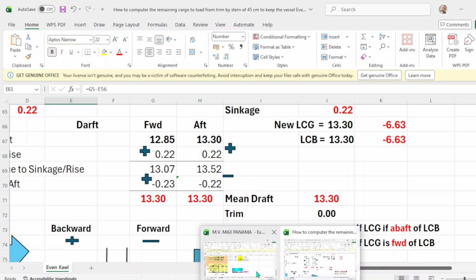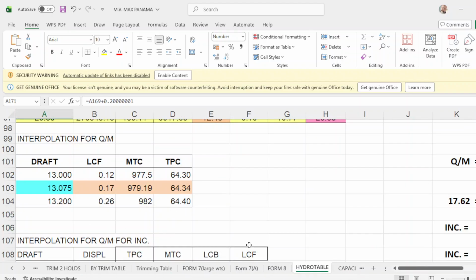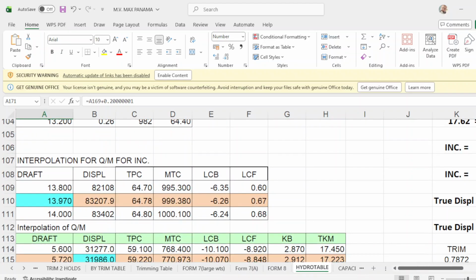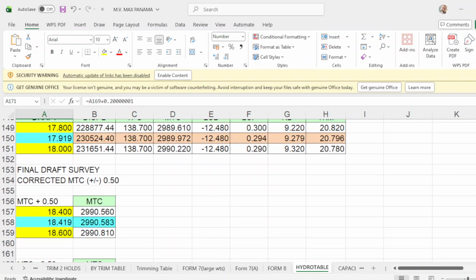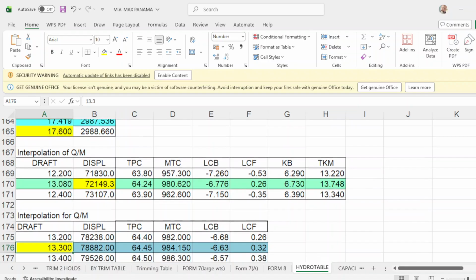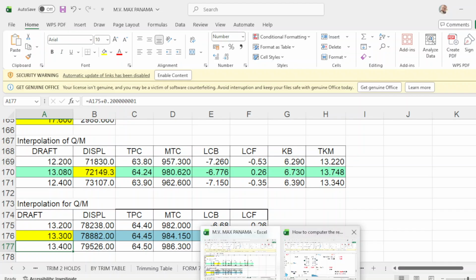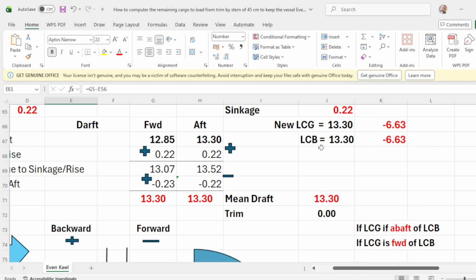We go to the hydrostatic table, put here 13.30, LCB. Your mean drop of 13.30, LCB is negative 0.663. The LCB at mean drop of 13.30 is negative 0.663.